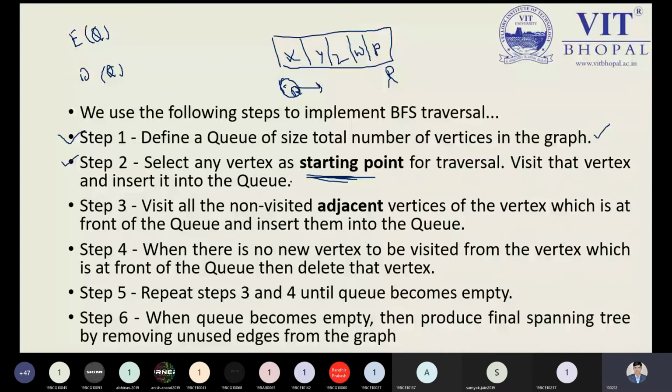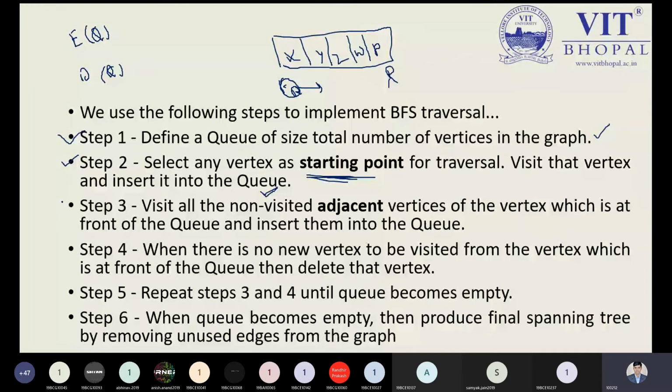Visit that vertex and insert it into the queue. So this is the point we need to keep in mind. We need to see which element we are picking for the visiting purpose. But keep in mind we are performing queue operations rather than the stack. Stack is applicable only for DFS, and for BFS the queue data structure.